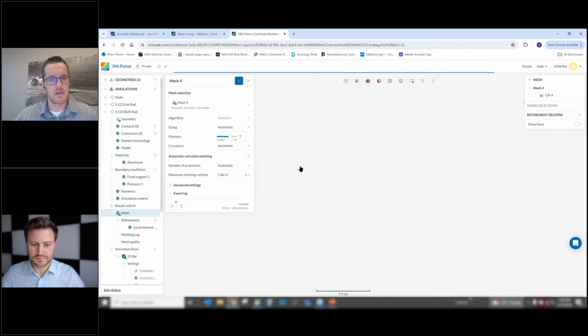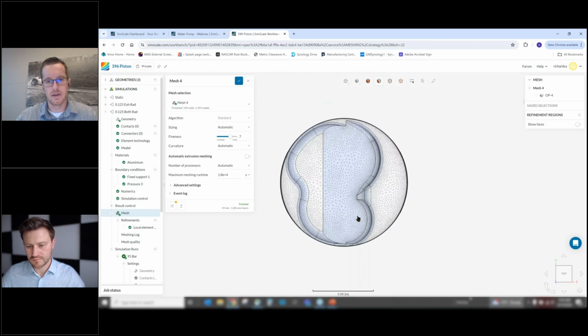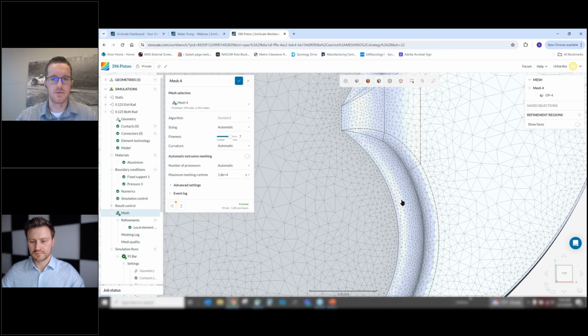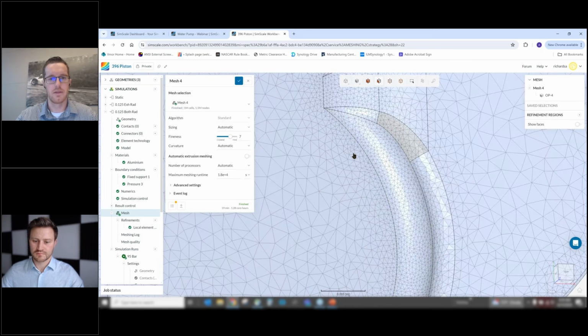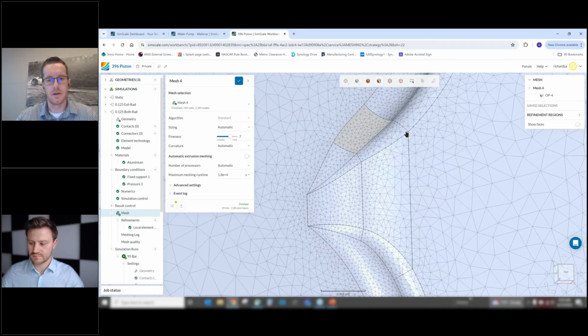Again, using the automatic sizing for the mesh with a setting of 7 provided more than acceptable mesh resolution in the area that we were concerned with, as well as over in here, this whole little area that we were evaluating.